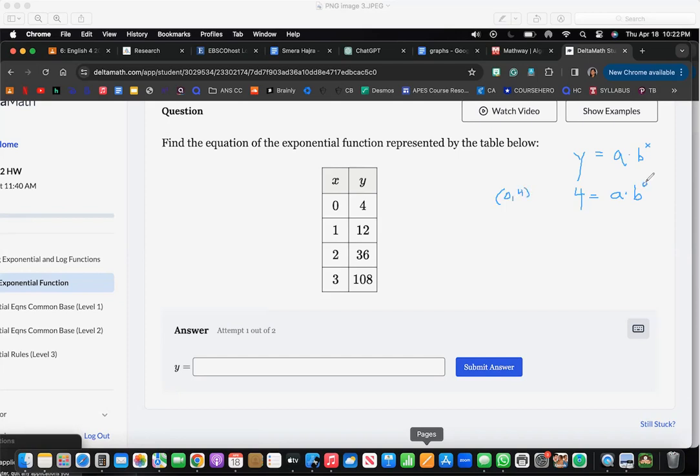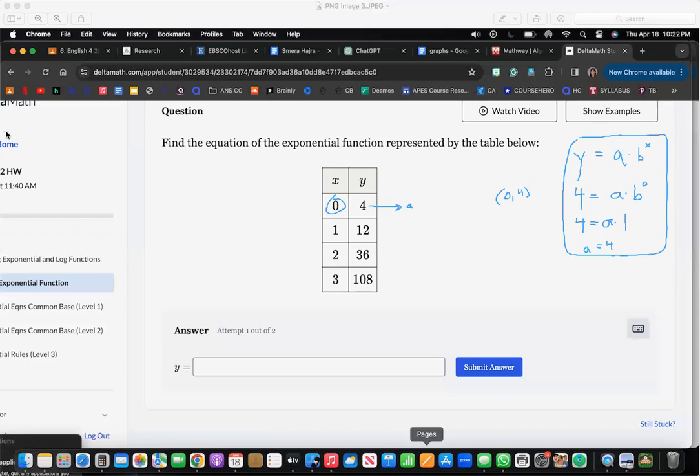So we have b to the 0. Anything to the 0 power is 1. So you're doing 4 equals a times 1. So a equals 4. Important thing to note, all this work here I didn't actually need to do. The fact that this is 0 tells you that 4 is automatically a.